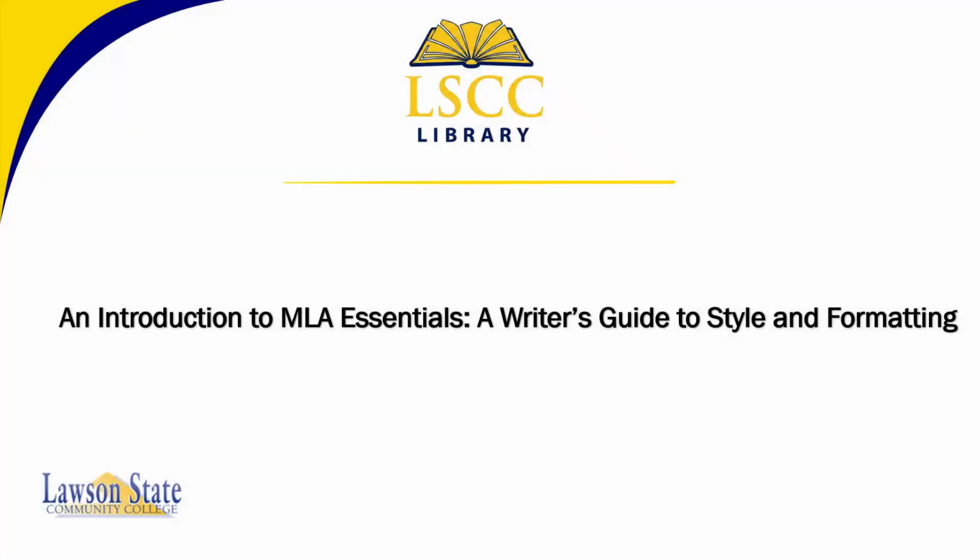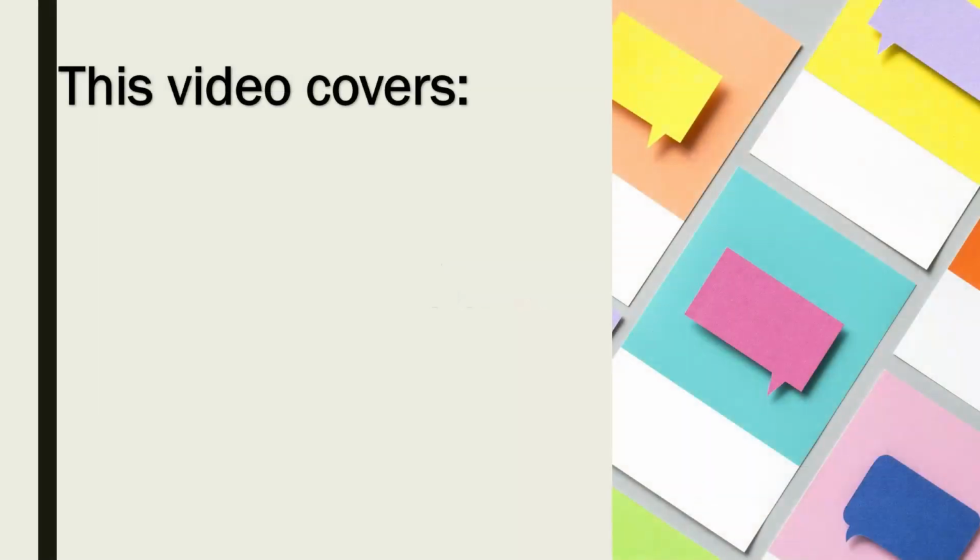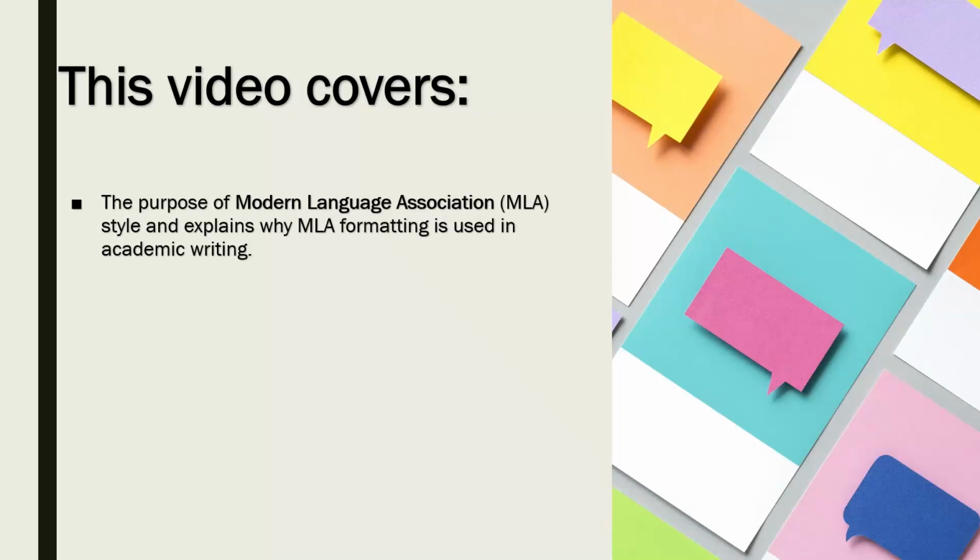Today we're starting from the ground up with an introduction to MLA Essentials, a writer's guide to style and formatting. In this video, we will cover the purpose of the Modern Language Association style and explain why MLA formatting is used in academic writing.